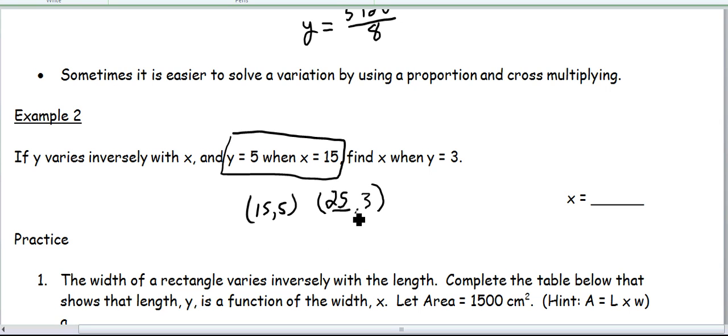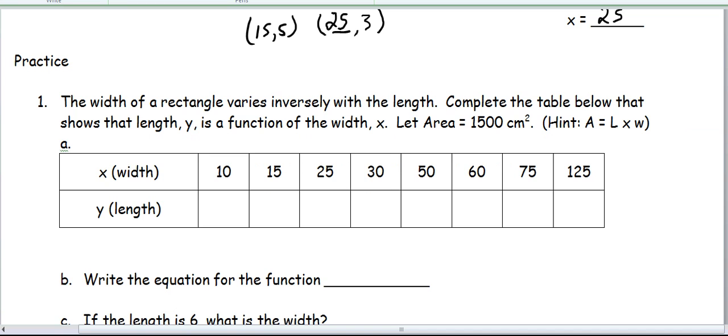So make two coordinates like this, multiply the two numbers in the first coordinate, and divide by the number in the other coordinate. The reason is 15 times 5 is 75, so I need to know what number times 3 would equal 75.